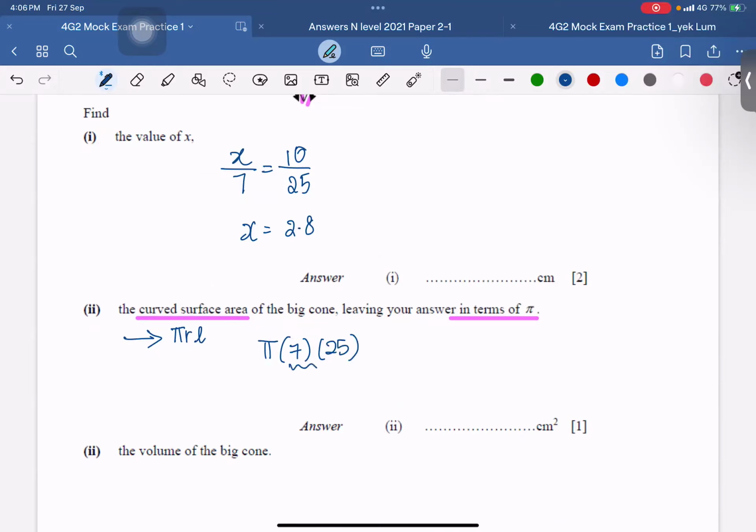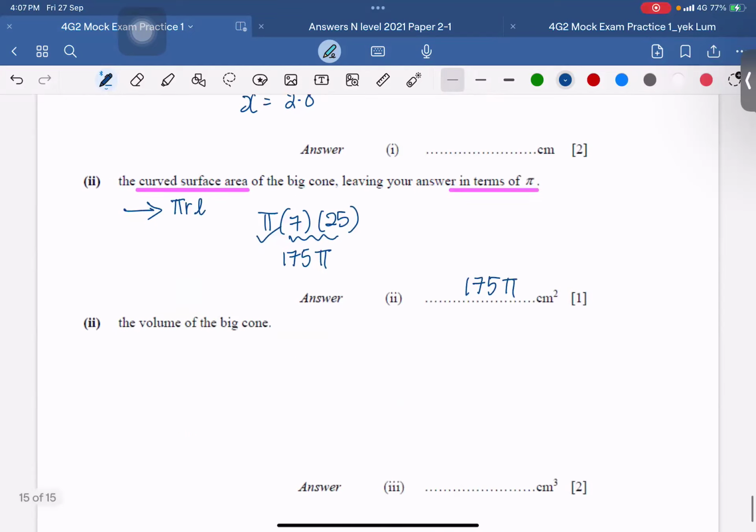I calculate these two and get 175, but there's still pi. So the answer is 175 pi. The last part, volume of the big cone, they never say leave in terms of pi, so you have to use the formula, one third pi r squared h. But what is the height?